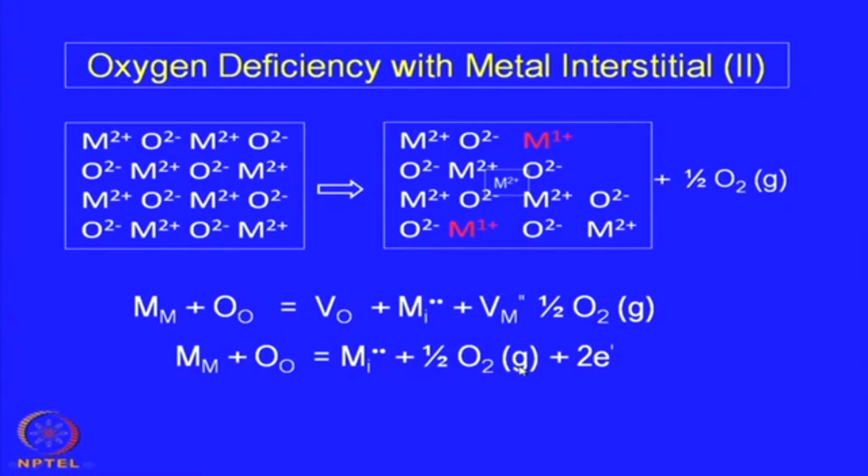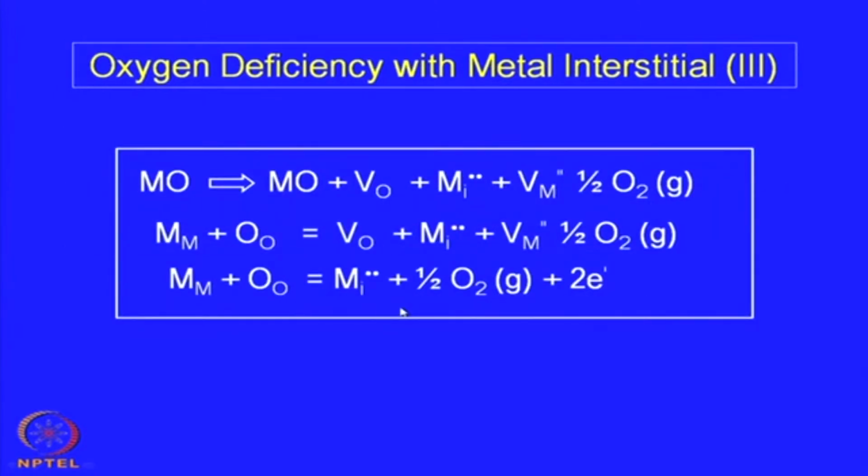So, that is why this G in parentheses has always been used. It is in the form of a molecular gas, right, and that is why it is written, although it is one atom of oxygen, basically we are writing to designate that it has gone out in the form of a molecule. So, 2 free electrons have been generated, and an effectively positive charge, a metal interstitial, has been generated.